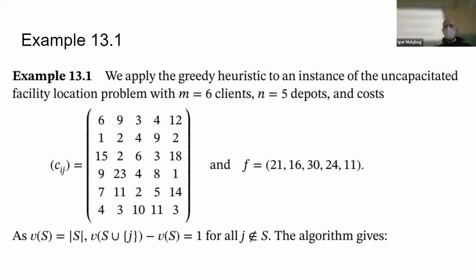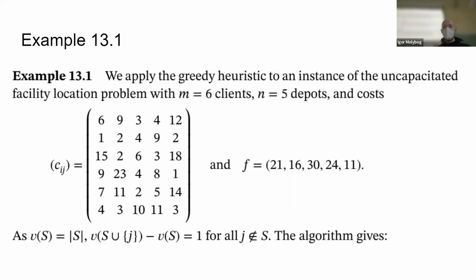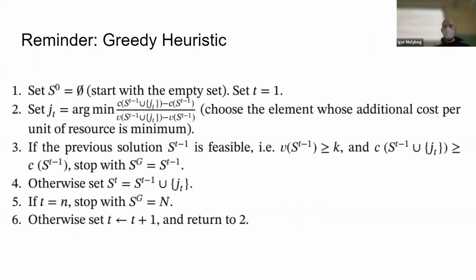In our case, the function v from the greedy heuristic is going to be the total size of the set S, essentially just because we don't really have a single constraint here that must be satisfied, we just assume that each element that we are adding to the bucket has an equivalent weight.